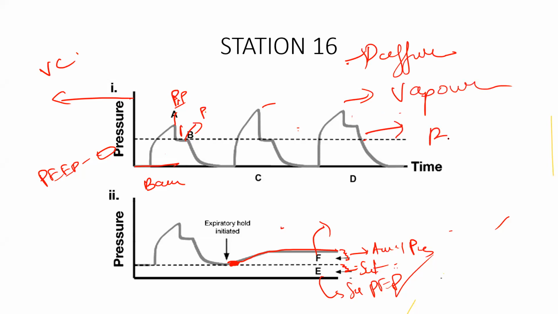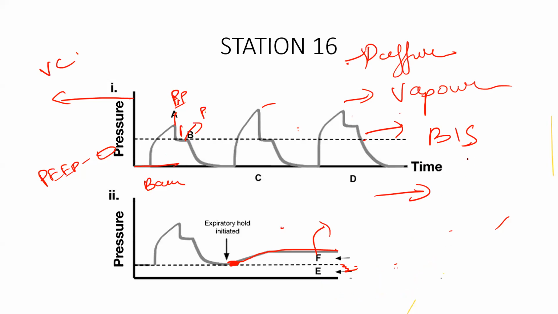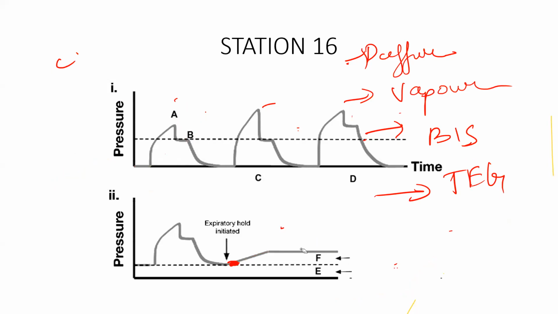You can have BIS monitors, or Entropy. Ultrasound, read about ultrasound. TEG, TEE and transthoracic echo they will definitely not ask you. Don't worry.